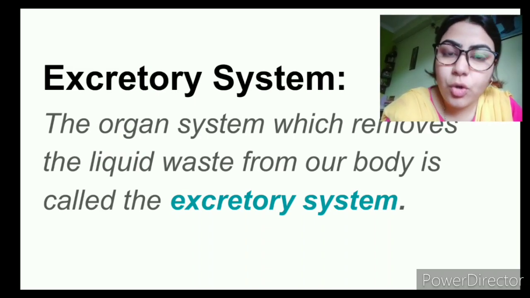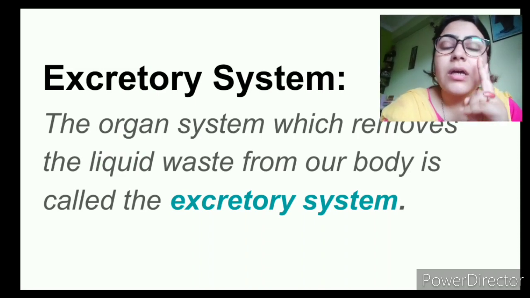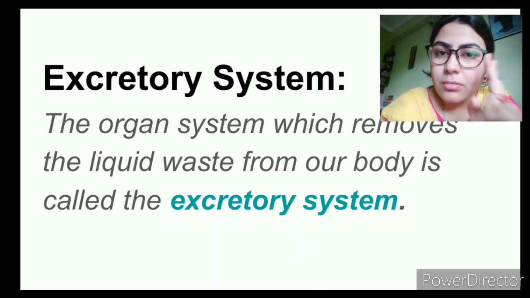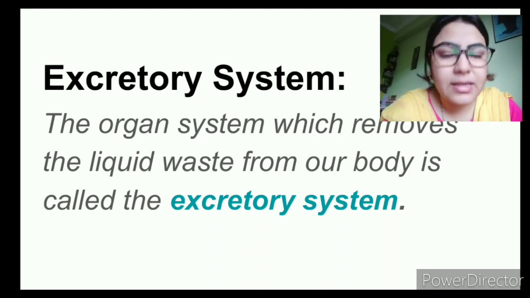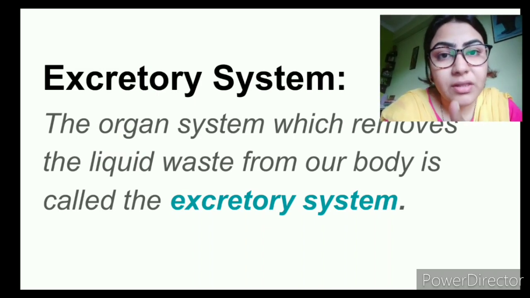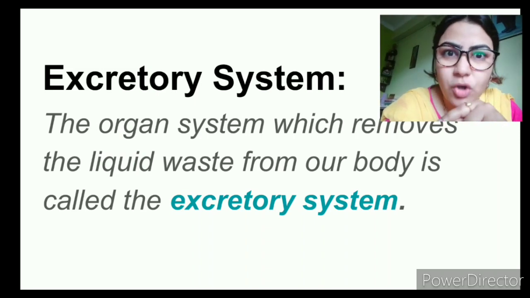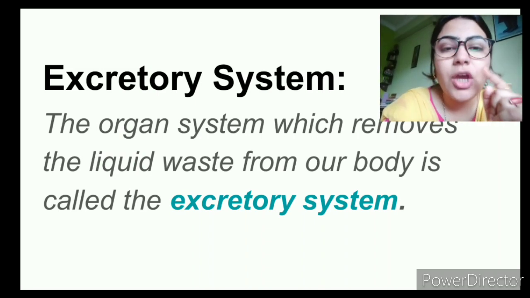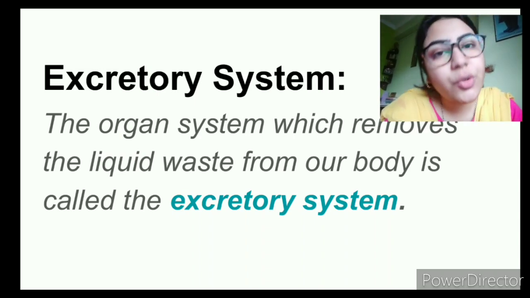So, we have two different excretory paths. One for the solid waste, that is the anus, and for the liquid waste we have the kidney, the ureter that we just saw, then the bladder and the urethra.